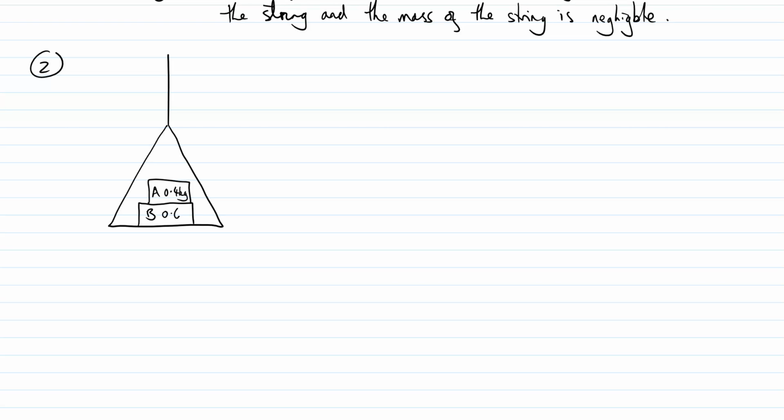And B is 600 grams, which is 0.6 kilograms. Remember, always working in kilograms, meters, seconds, all those units. The scale pan is raised vertically, so it's going this way. So we'll treat this as our positive direction.